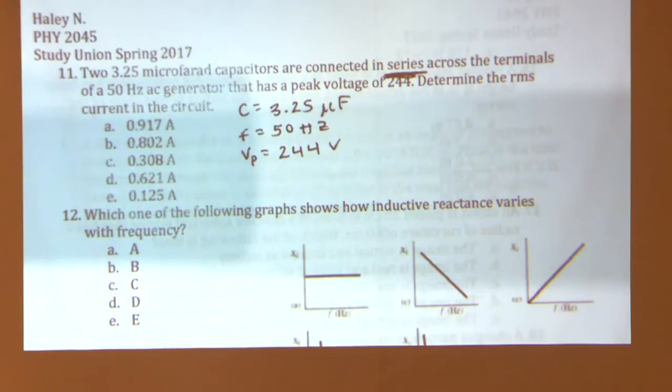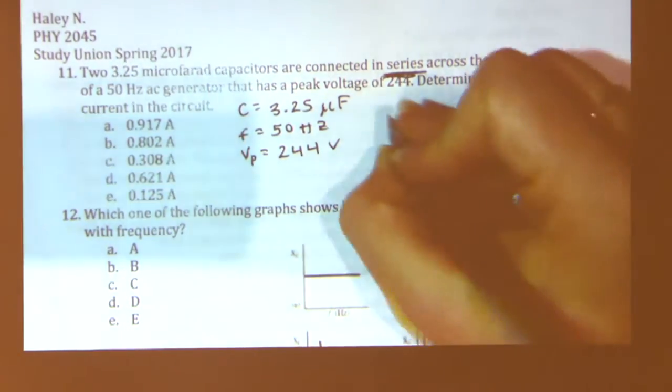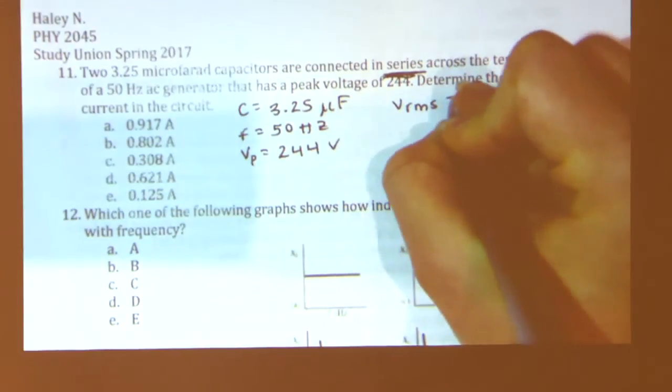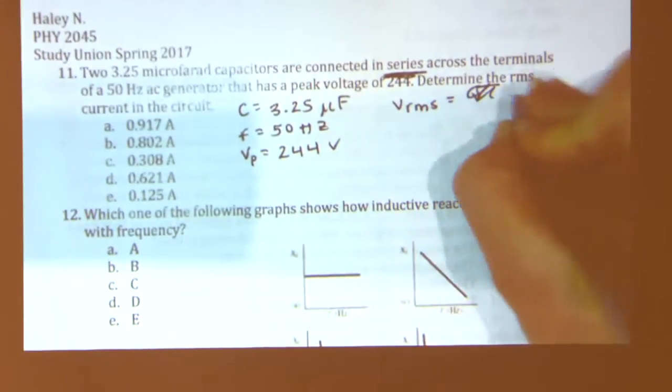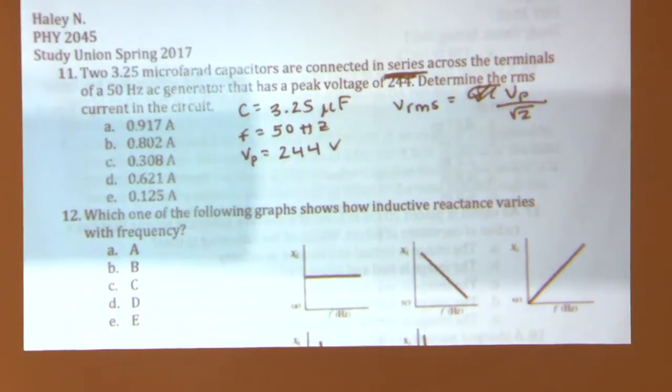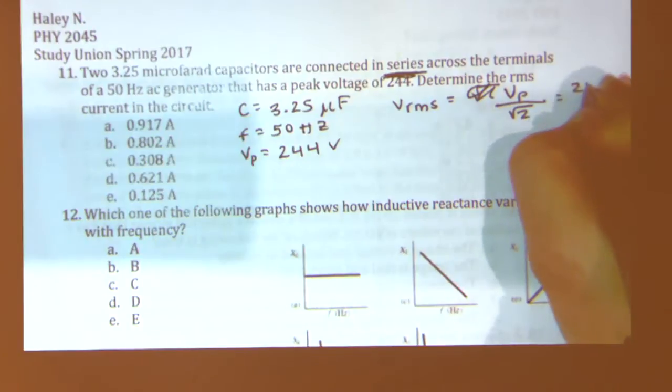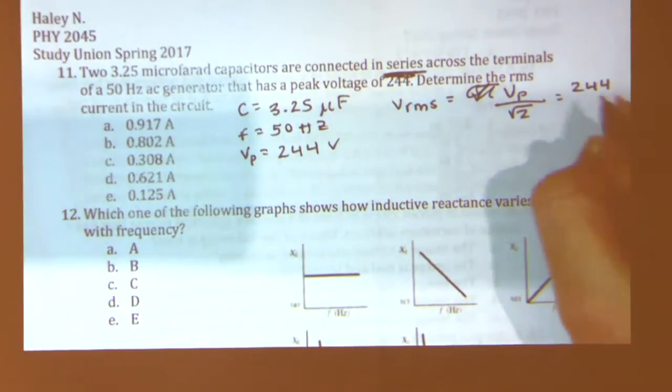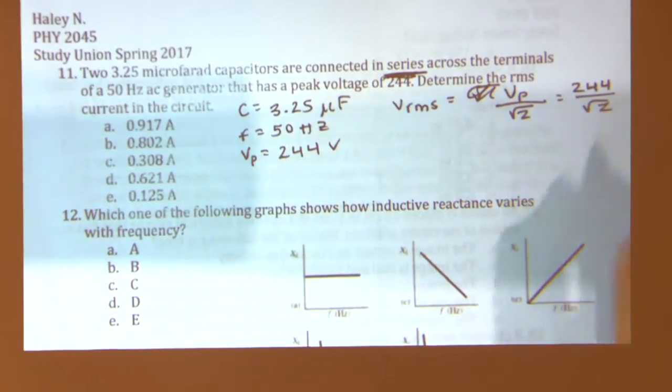First, we want to find the VRMS, because right now we have the V peak. We can't find the RMS current without the RMS voltage. So remember that VRMS is equal to V peak over square root of 2. We have the V peak, so that'll be 244 over square root of 2. I'm not sure what exactly that comes out to.